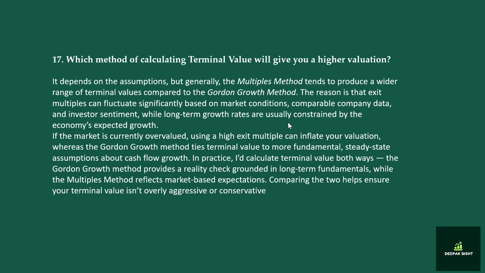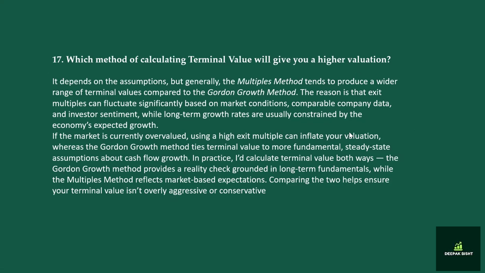Gordon growth method tends to be more conservative because sustainable growth rates are usually lower than the high multiples implied by the market rate. The key thing to pay attention to is that multiples amplify market sentiments, and they are volatile.